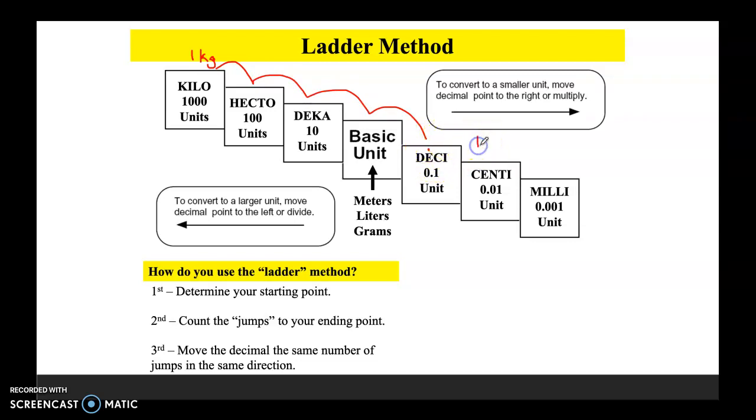So that means if I had 1 kilogram, and because it's a whole number, the decimal point is after our whole number. I'm going to move my decimal point 1, 2, 3, 4 places. So this is my new decimal. And for every one of those jumps, I'm going to fill in a 0.